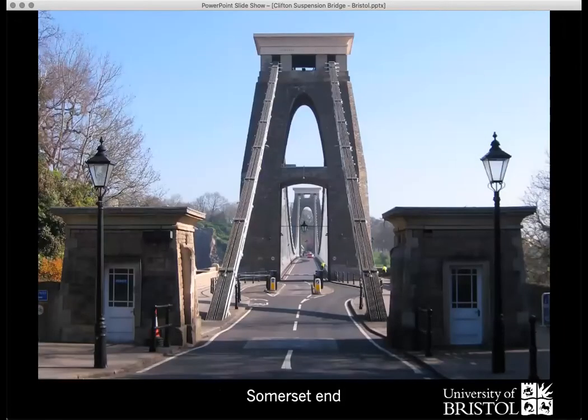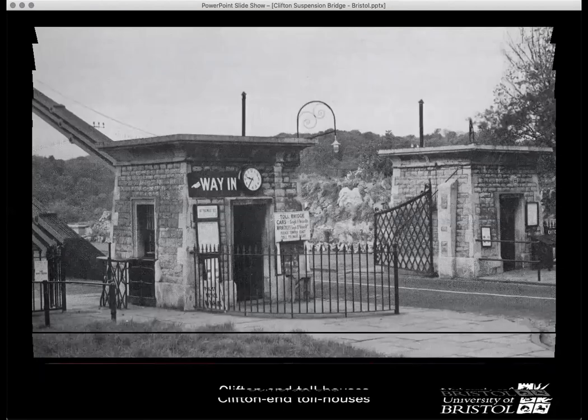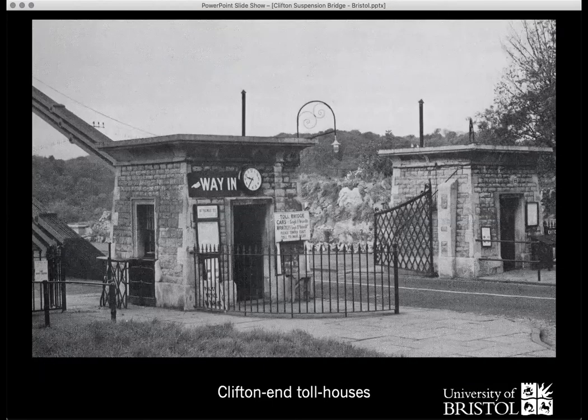And therefore we have effectively the core which was produced, but to the initiated, one can see where it was coming from. But also we do have things which were completed to the full Egyptianizing design, which are the toll houses, which are intact at the Somerset end, but of course sadly the Clifton end ones were demolished, and replaced by something slightly less, sort of 60s in appearance.